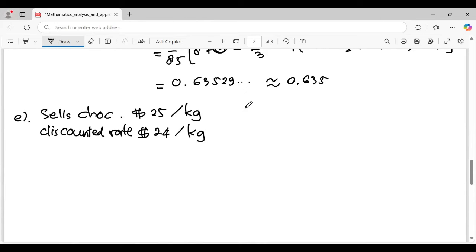If x is the amount of chocolate in kg, this becomes 25x and this is 24x.